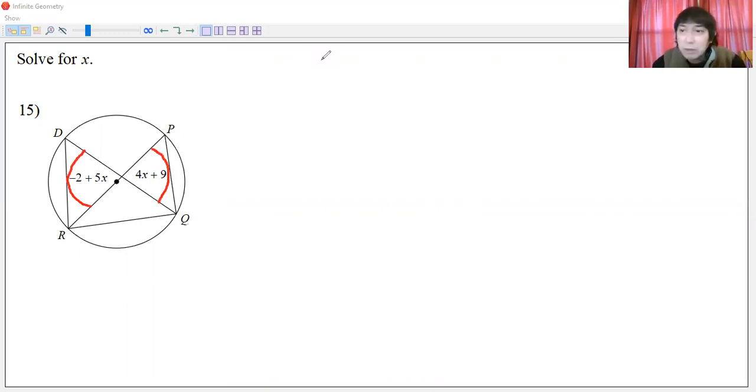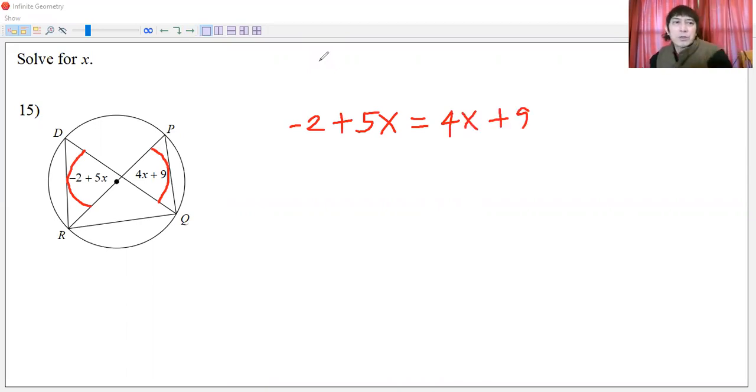That looks like a vertical angle pair, so that means they are equal. Our working equation here will just be -2 plus 5x must be equal to 4x plus 9, and we shall solve for x.